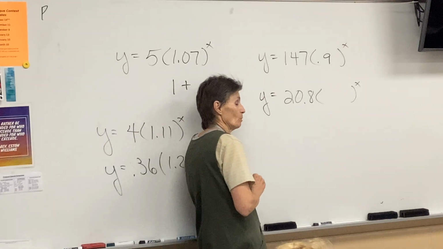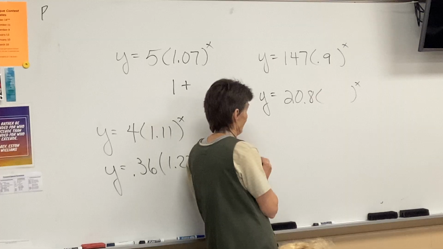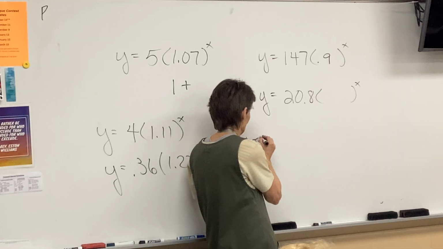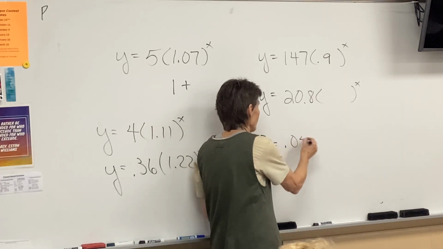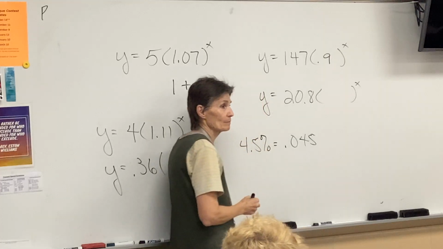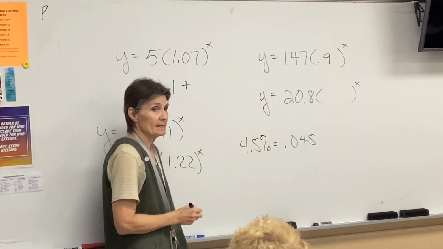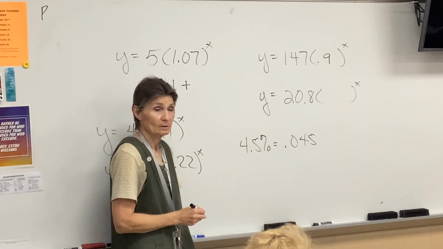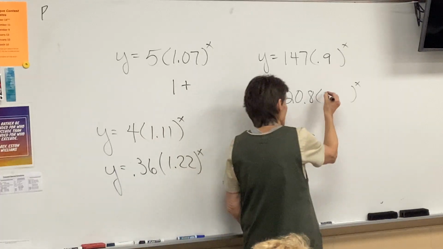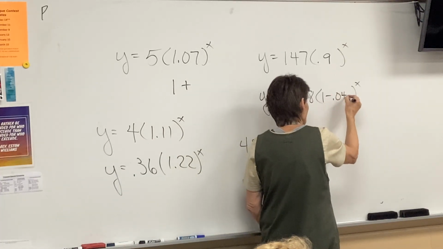What is the decimal for 4.5%? That is 0.045, right? And it's a decrease. So this is gonna be 1 minus 0.045.